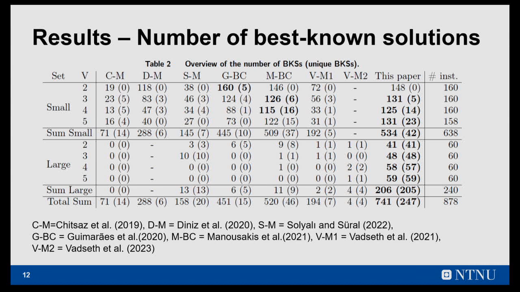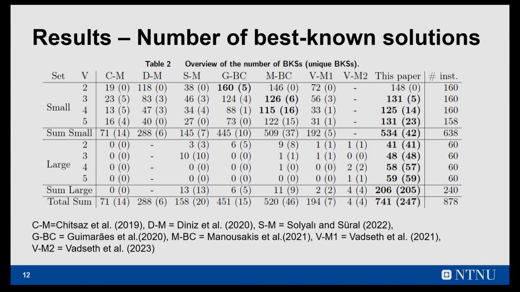Now I'll jump straight to the results before we go into more detail on these components. Here we compare our results in the rightmost column with the state-of-the-art results in the literature. We report the best known solutions as the first figure, and in the parentheses we have the number of unique best known solutions. So this is the only method that has these 16 best known solutions, for example.